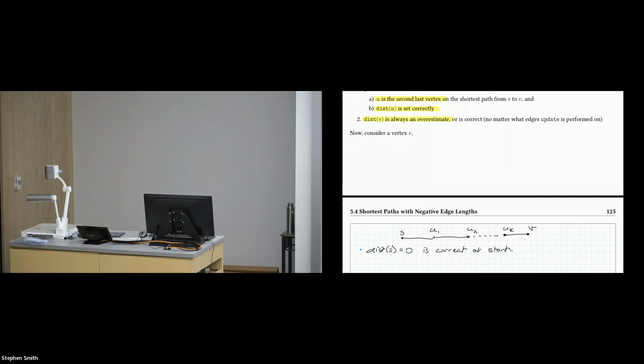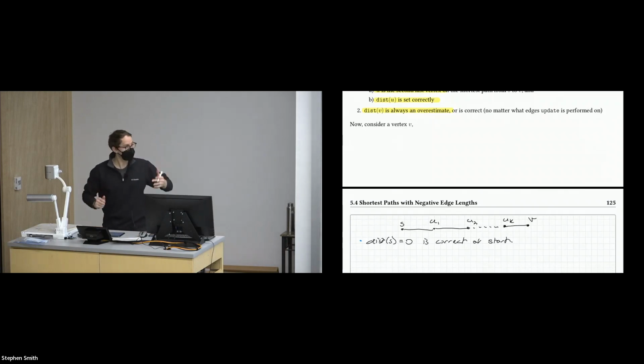Otherwise, I could just swap in the better path from S to U2, and that would actually give me a better path from S to V. So the property is that subpaths of an optimal path are also optimal. That's the key thing that we're leveraging in all of these algorithms. So that means, as soon as I perform the update on the edge SU1, U1's set correct.